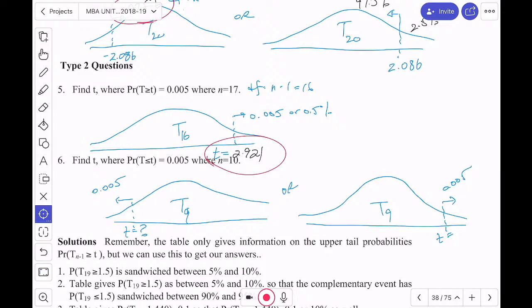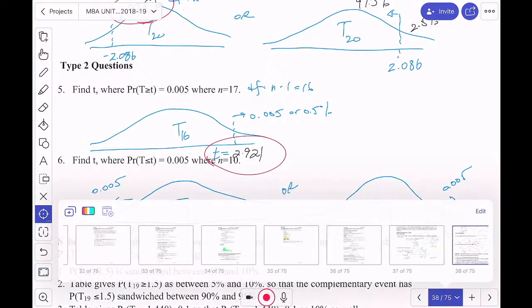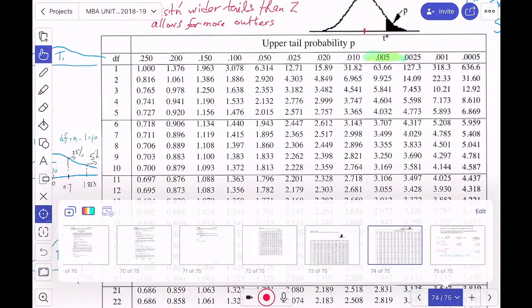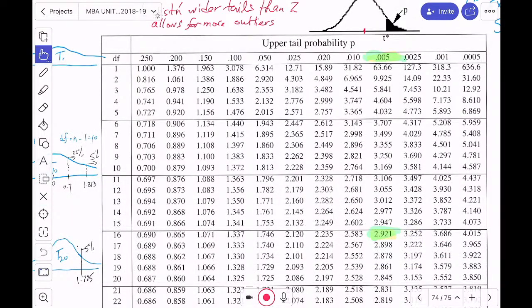So going to the table for T9, let me erase this. So I'm going to go down here to T9. It's going to be 3.25.